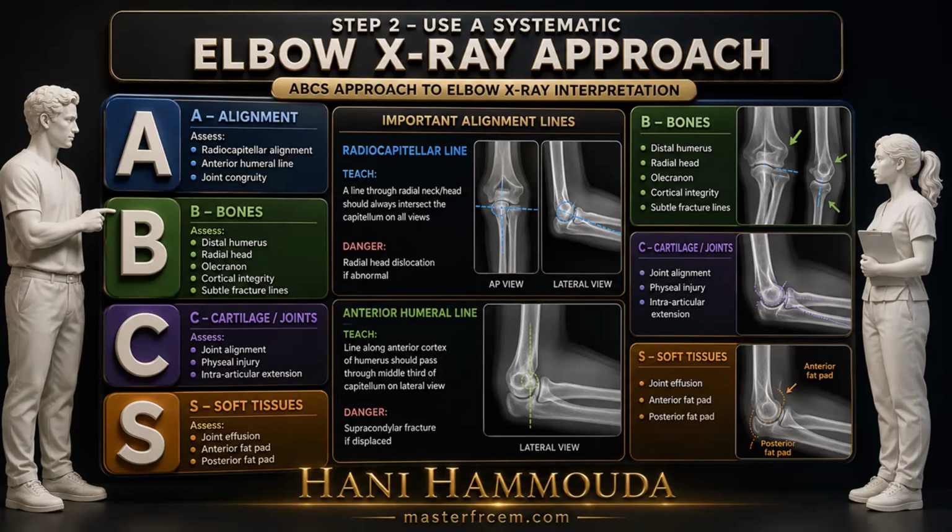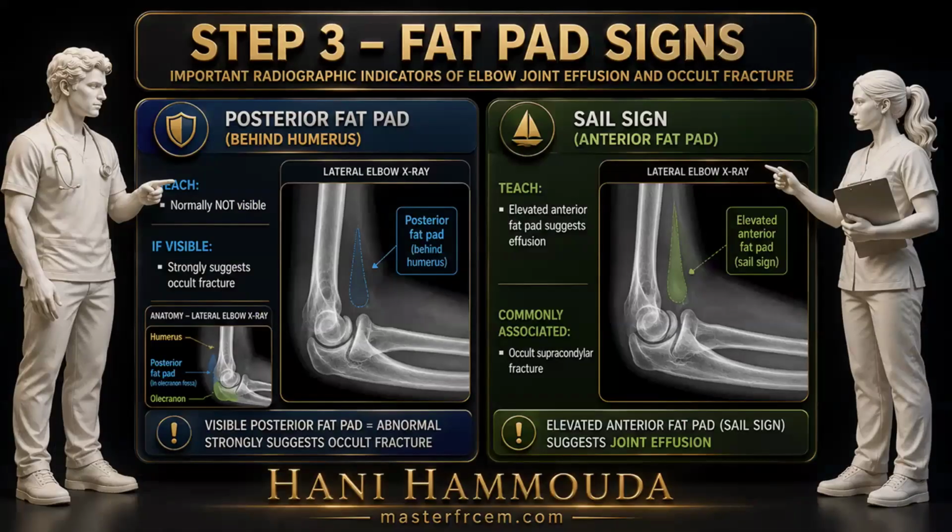Okay, so we will comment on fat pad signs, especially in pediatrics, but you can use it in adults also. Regarding the anterior fat pad sign, it can normally be there, but if you find it elevated, this is called the sail sign, suggesting a subtle fracture.